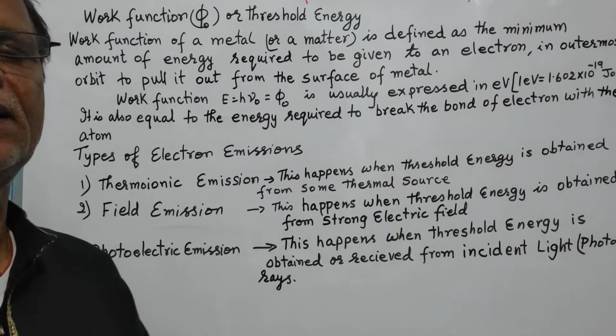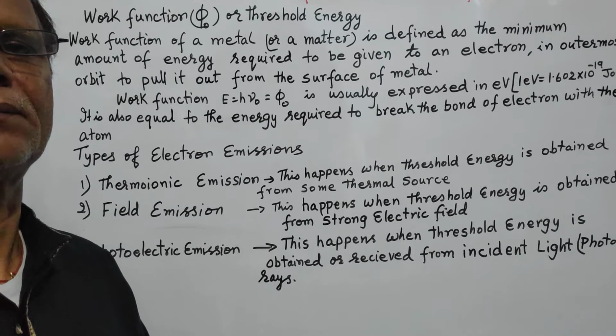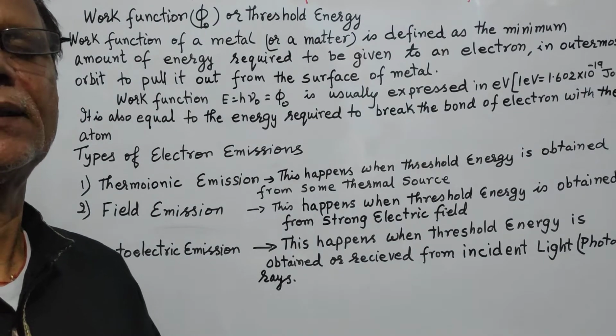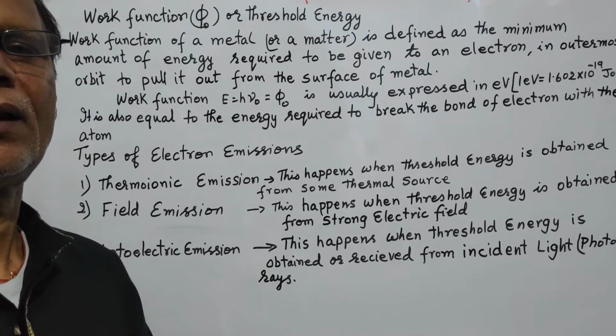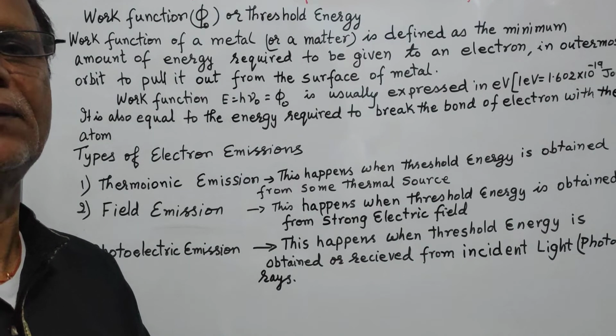What is work function? Before we understand it, let us recall the structure of atom. In an atom you have a nucleus, and protons are also present there. That nucleus is surrounded by electrons revolving around it.